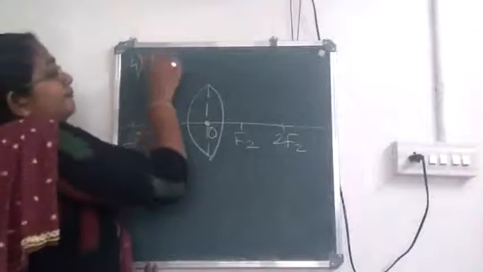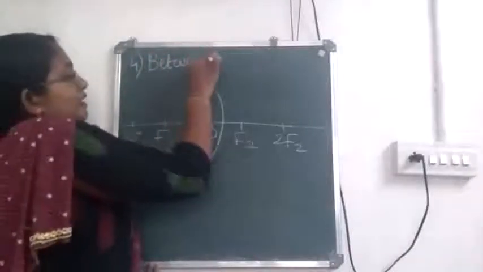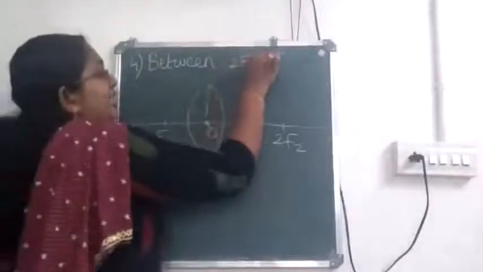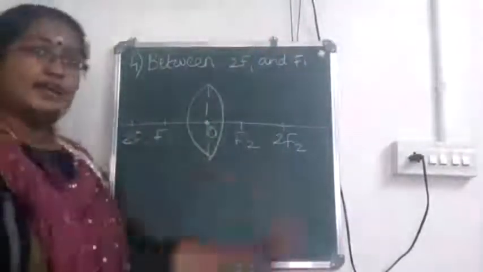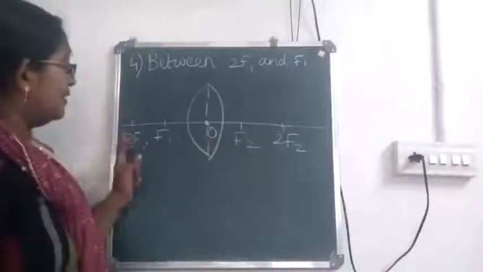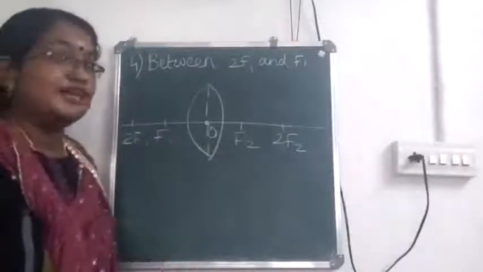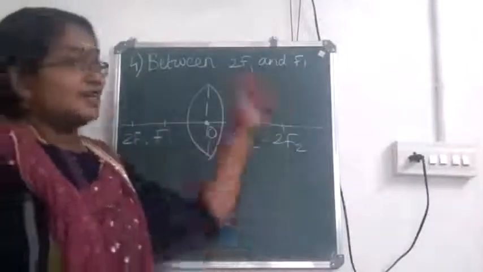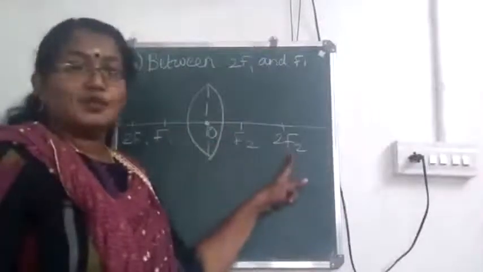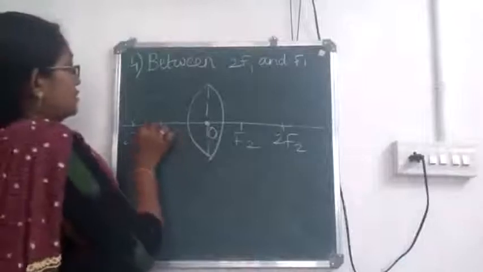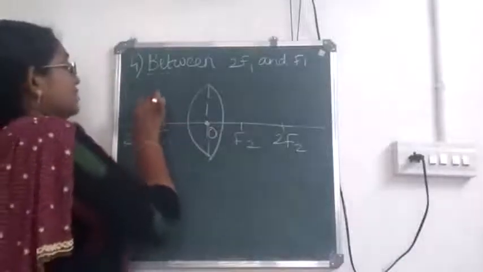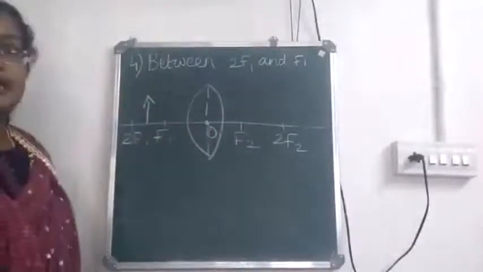Between 2F1 and F1. Okay. Because the position of the object moves from left to right. So it should be between 2F1 and F1. And where should you get the image? The last case we got it at 2F2. So this time beyond 2F2. So I am going to keep the object between 2F1 and F1.